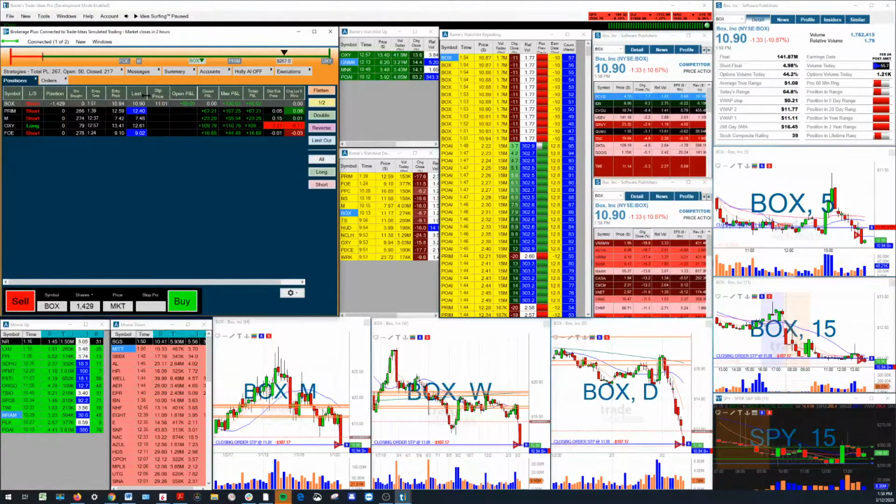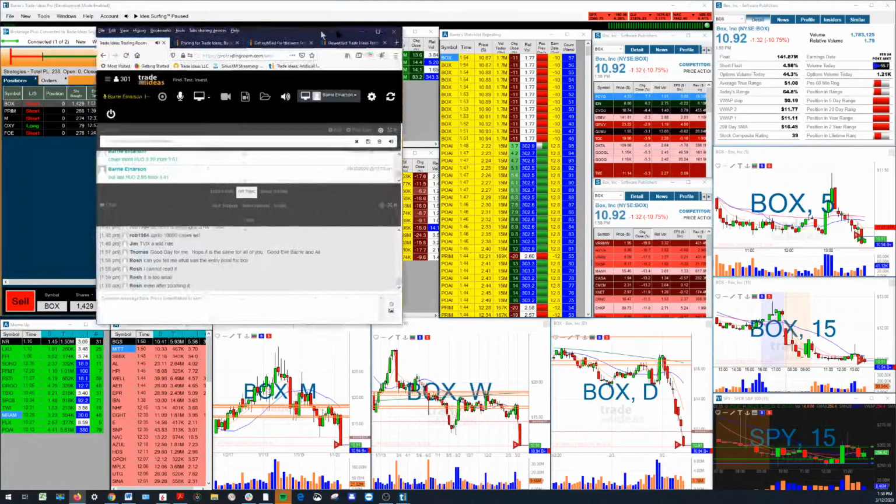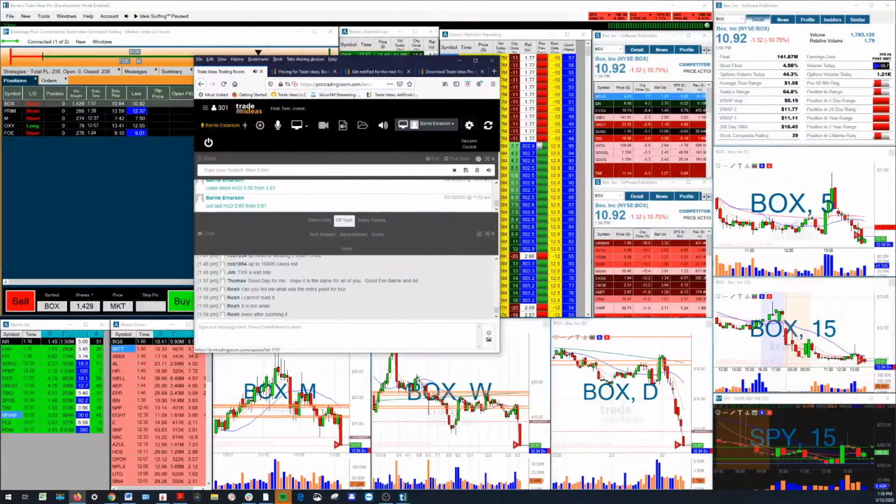Can you, excuse me, can you not see the screen? 1094. I'm exiting it, by the way. It's too many shares. Oh, you cannot read it. Okay, 1094 on the short. You can always magnify. Even zooming it, how can that be if you zoom it? You know, there's a magnifying glass here.